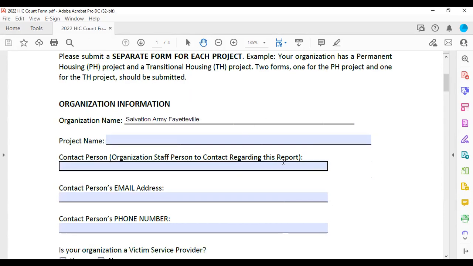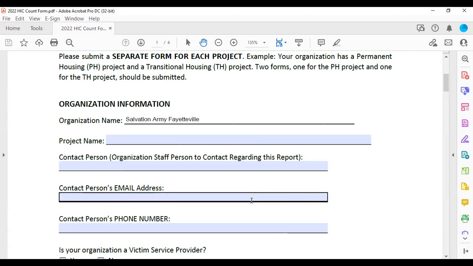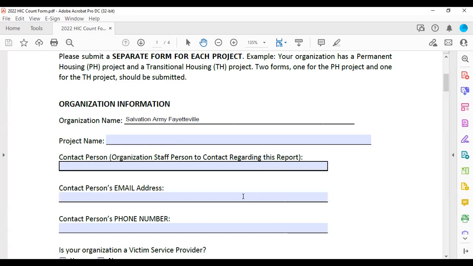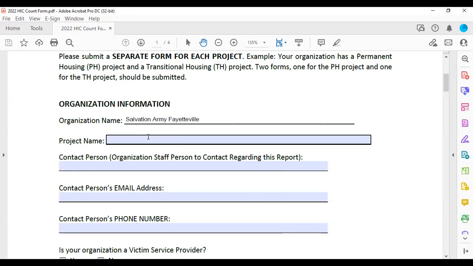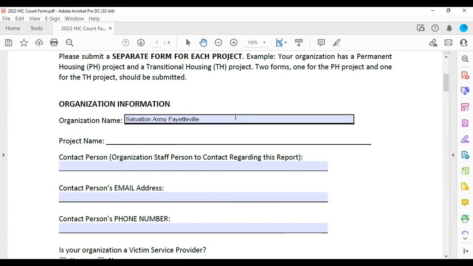And then right here, whoever the contact person is, as far as who we need to reach out to about any questions about the form, we would like their name, email address, and telephone number. So what would this particular project for emergency shelter be called? Just emergency shelter? Yes. Okay.